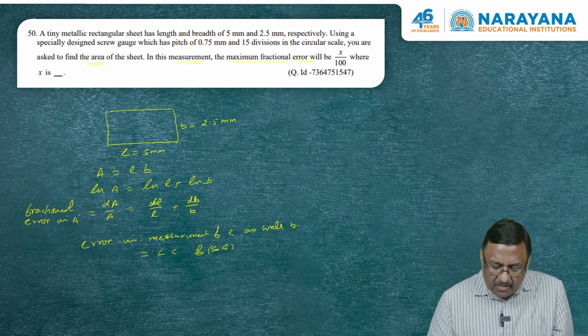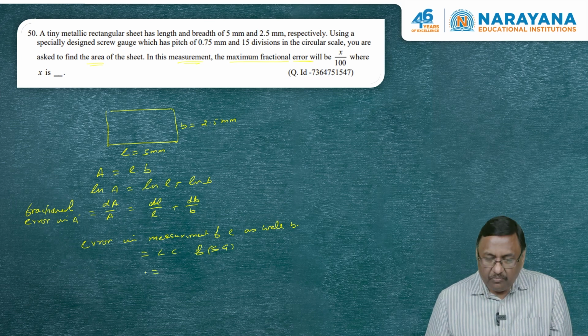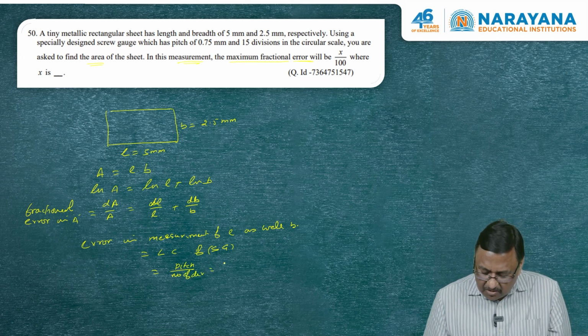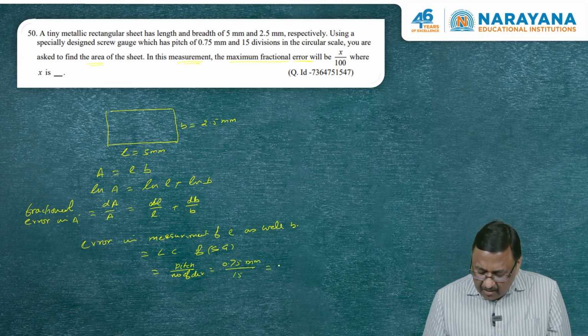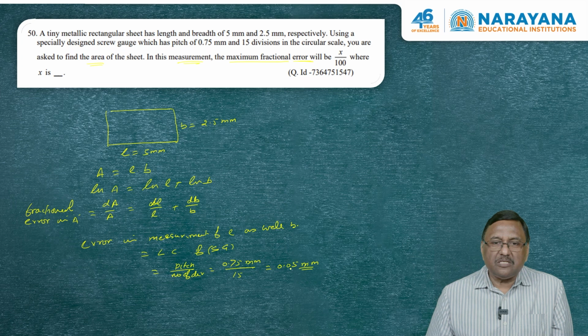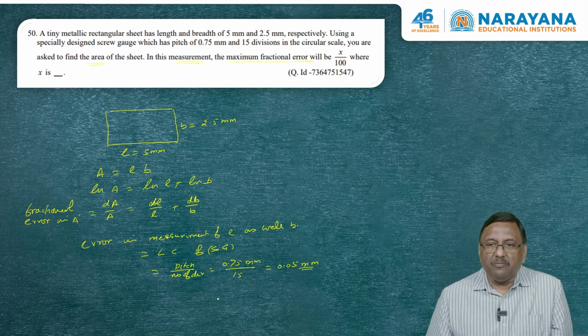And how do we write the least count of the screw gauge? It is pitch divided by the number of divisions on my circular scale. Pitch is given to be 0.75 millimeter. The number of divisions in the question is given to be 15. That means it is going to be 0.05 millimeter. So the error permissible in the measurement of length as well as width is 0.05 millimeter.